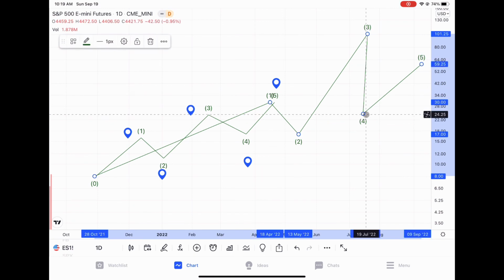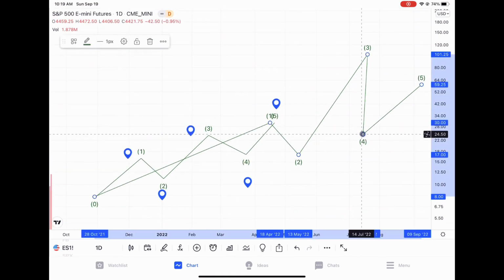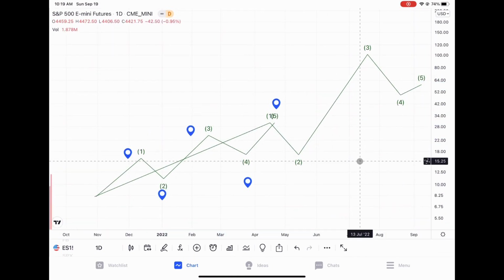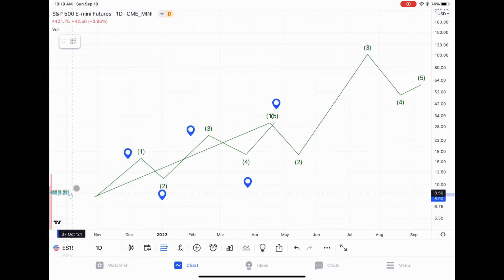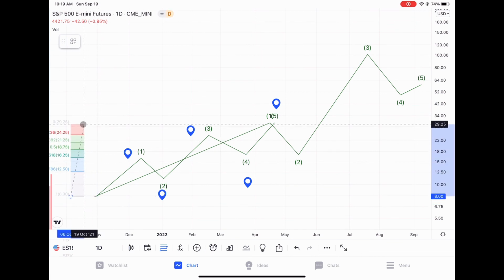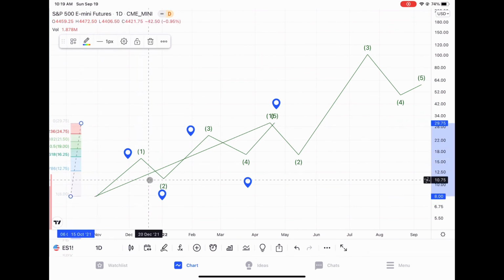Okay, so these are ranges. And obviously, like I said, if it breaks these ranges and dips lower, it doesn't respect our theory and we lose count.